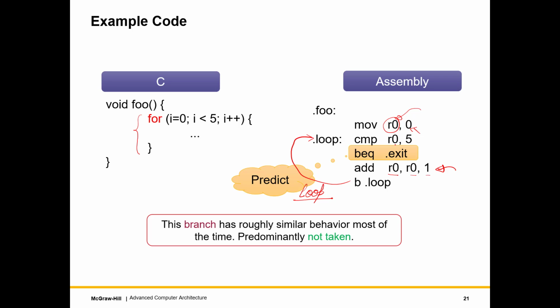That is only when R0 will be equal to 5, and that will happen very rarely, at the end of the for loop. So note that we are assuming a .exit label, which is the end of the program. So this is not shown. Now, given that we have seen this pattern, that this branch by and large is not taken, it's only taken in the last iteration. Can we use this pattern?